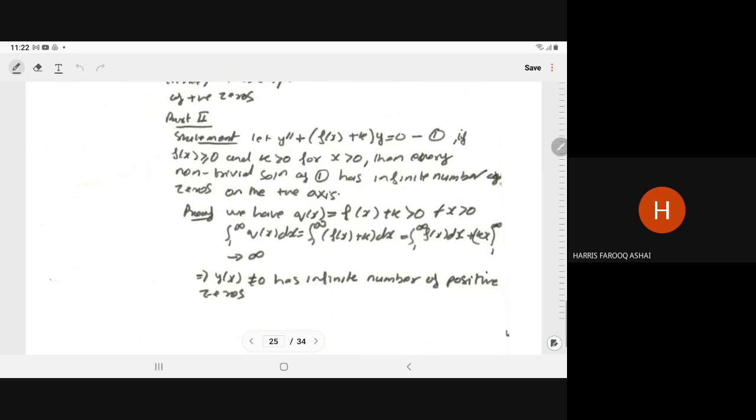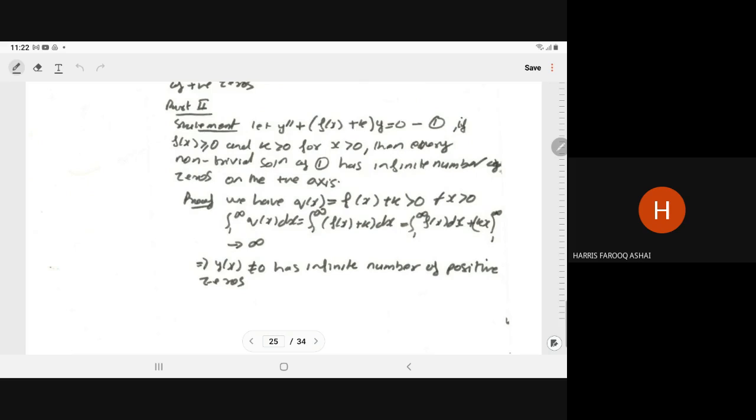Let y double dash plus (f(x) plus k) y is equal to 0, if f(x) greater than or equal to 0 and k greater than 0 for x greater than 0, then every non-trivial solution of it has infinite number of zeros on the positive x-axis.